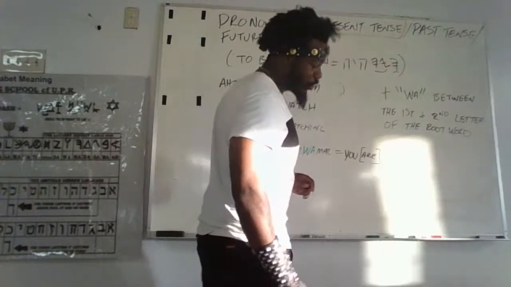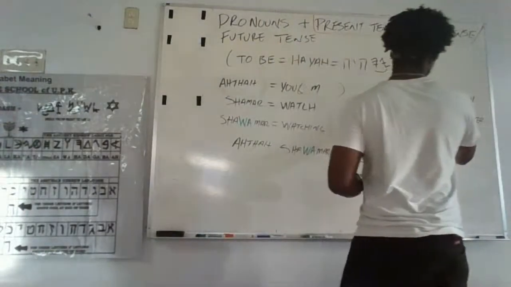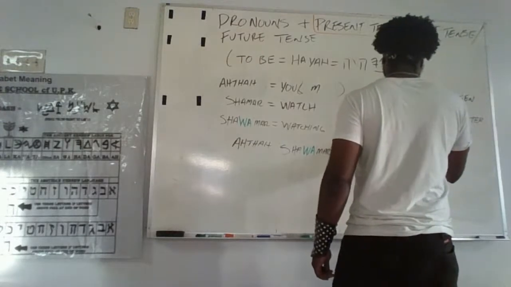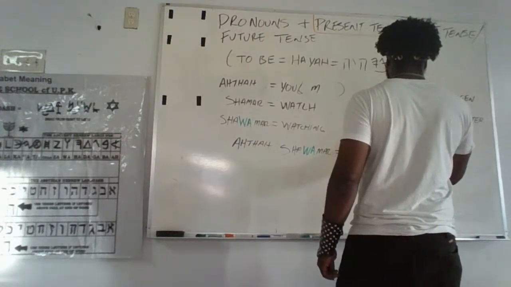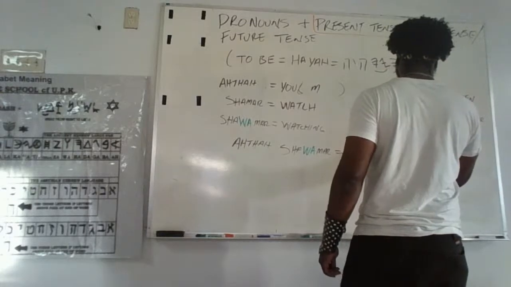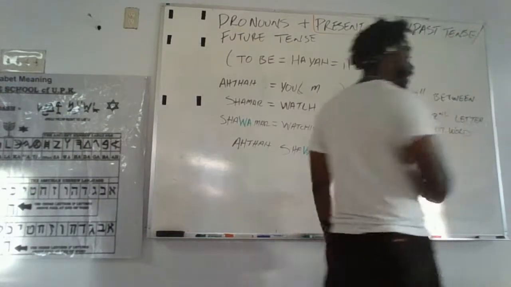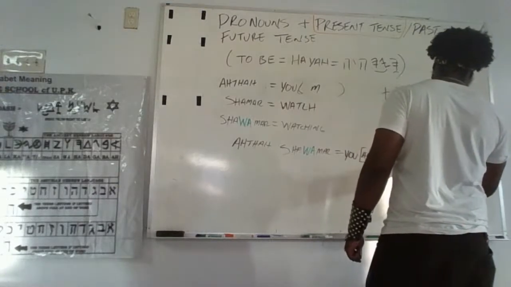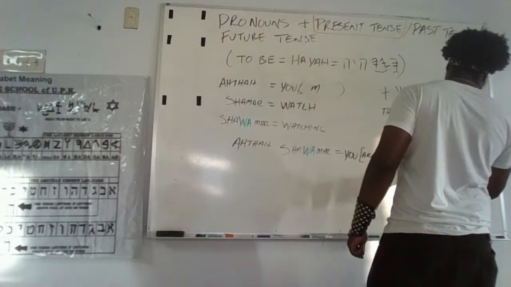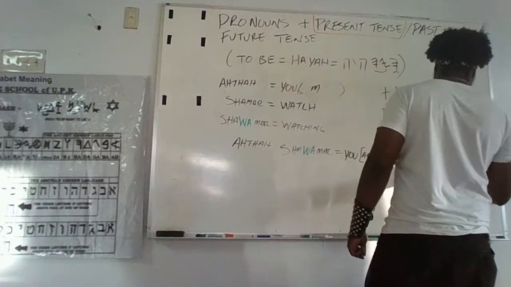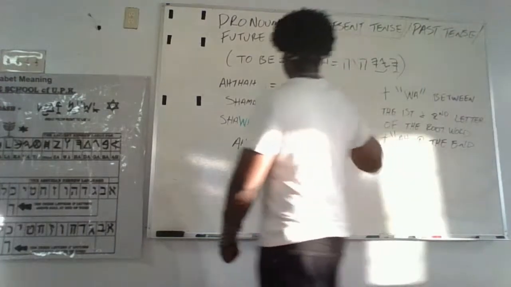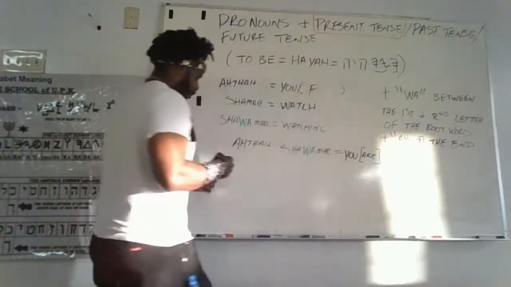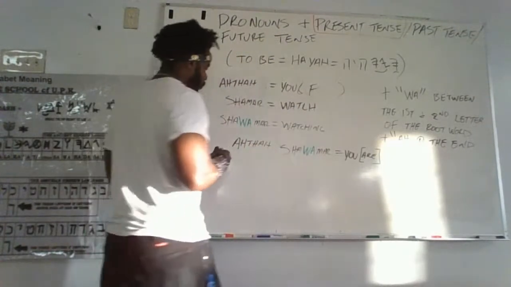So you're going to put a wa between the first and the second letter of the word, and you're going to add an i at the end. So when you're dealing with feminine, right?